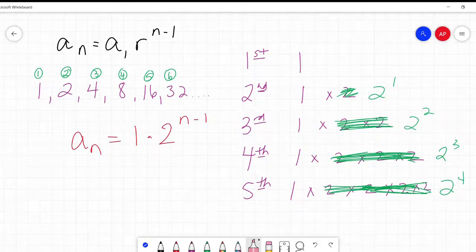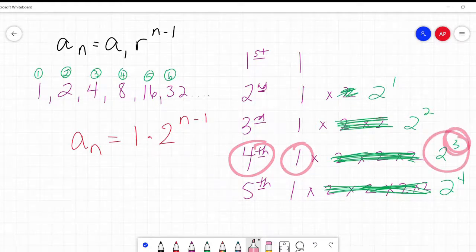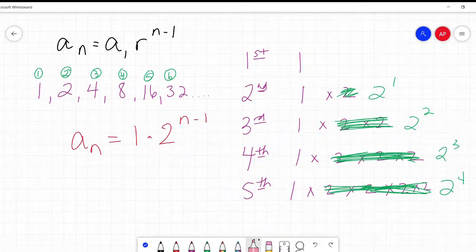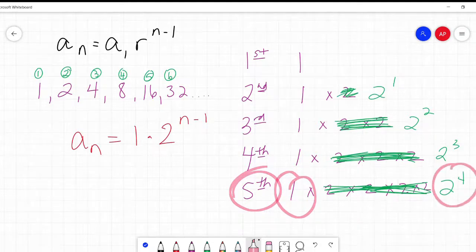And look, 2 squared, that's 1 less than 3. What's our fourth term? It is 1, the first term, times 2 cubed. And hey, look, 3 is 1 less than 4. What's our fifth term? Our first term, 1 times 2 to the 4th. And look, 4 is 1 less than 5.